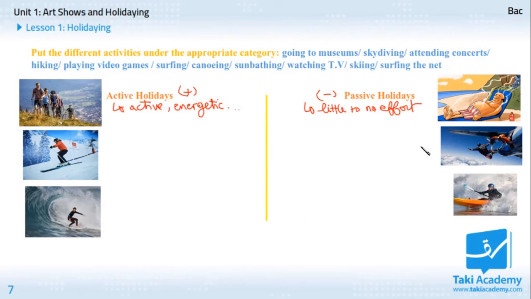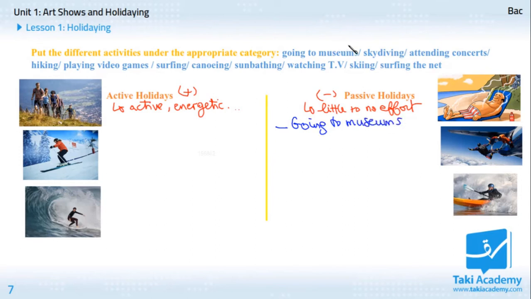So now the first activity we have is going to museums. So, is going to museums considered to be part of active holidays or part of passive holidays? Of course, when you go to a museum, you just look at the different paintings or sculptures or pieces of art, and that's it. You make little to no effort, so that's why it's considered to be passive. Going to museums.